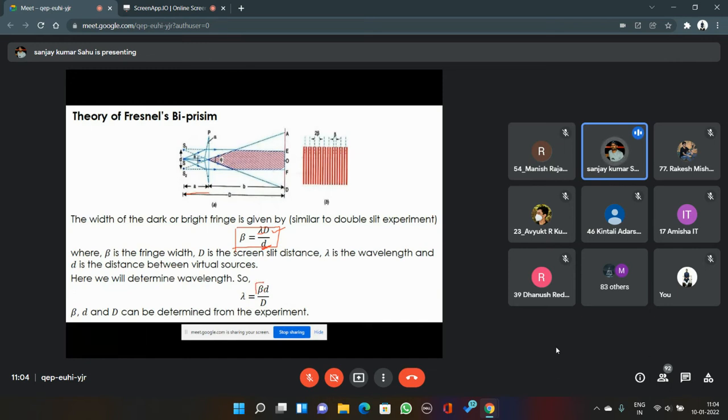Using that, you can find the fringe width beta, the distance between the two virtual sources, and the distance between the screen and source, and that gives you the wavelength of the unknown light source.